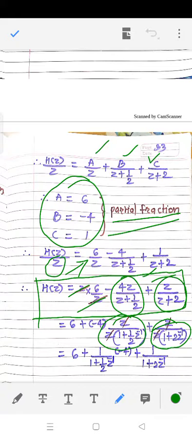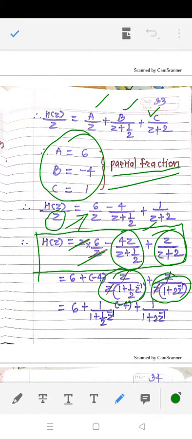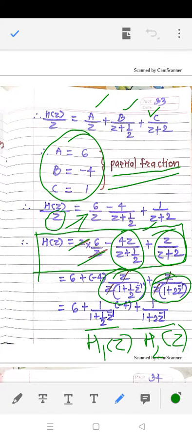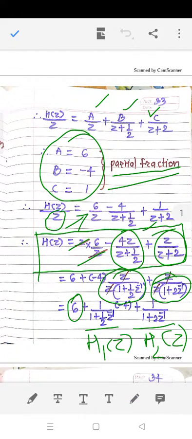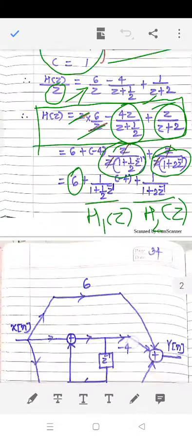And the denominator z and the numerator z will cancel each other, so we get these two terms. So this is the first term, this is the next term, this is H1 of z, this is H2 of z, and this is free from z, it is a constant. Okay, so we will have such a type of structure.